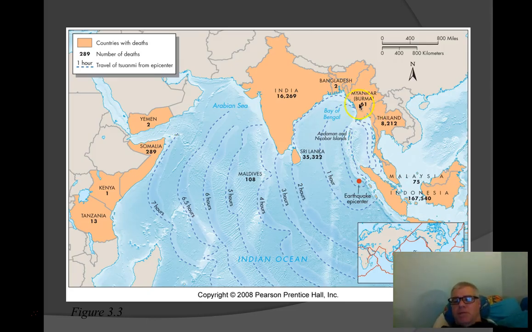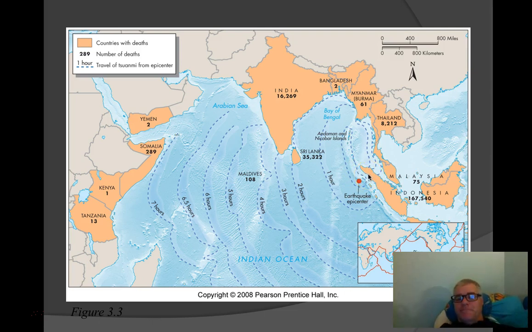But when you get an earthquake-caused tsunami, these waves travel across the ocean at about the speed of, say, a passenger jet. The earthquake happens here next to Indonesia, and this hit here in less than an hour and killed a lot of people who had very little warning other than they felt the earthquake shaking.